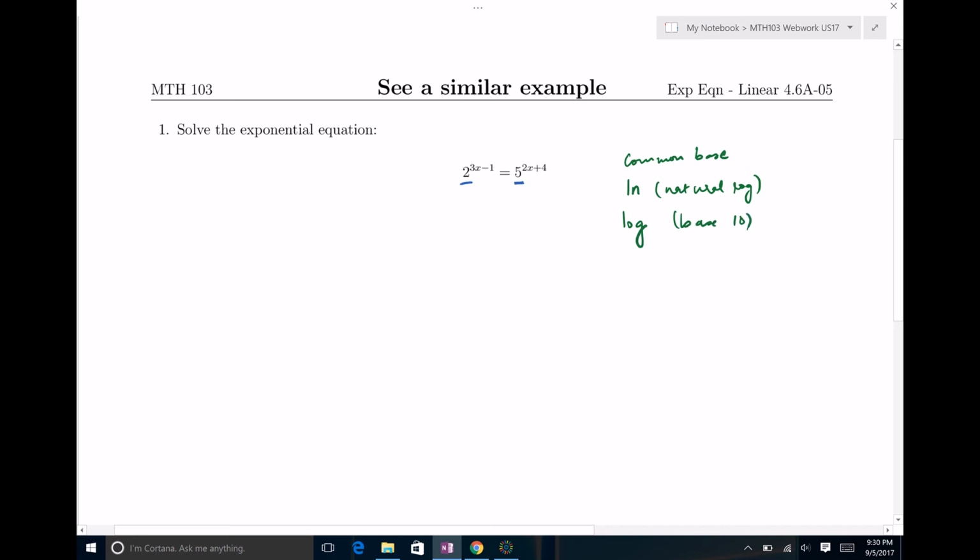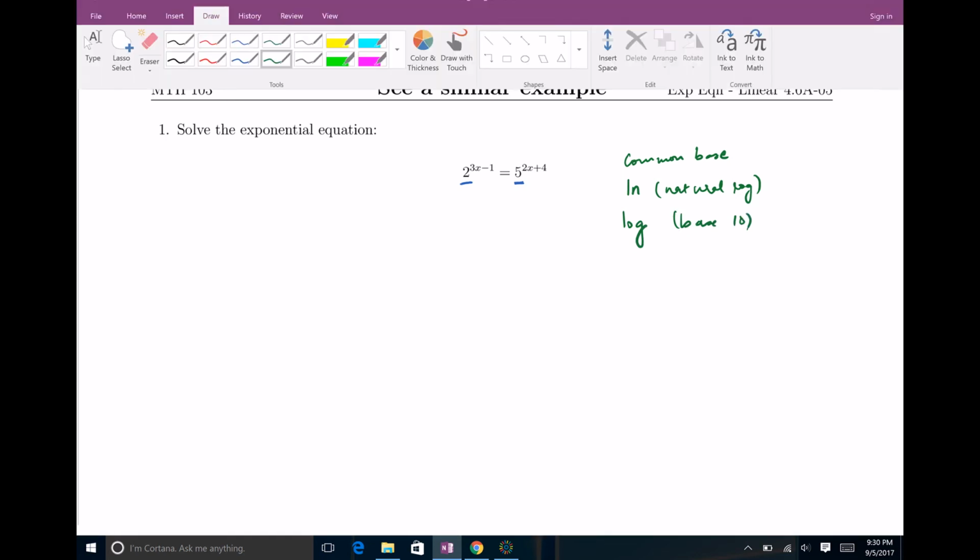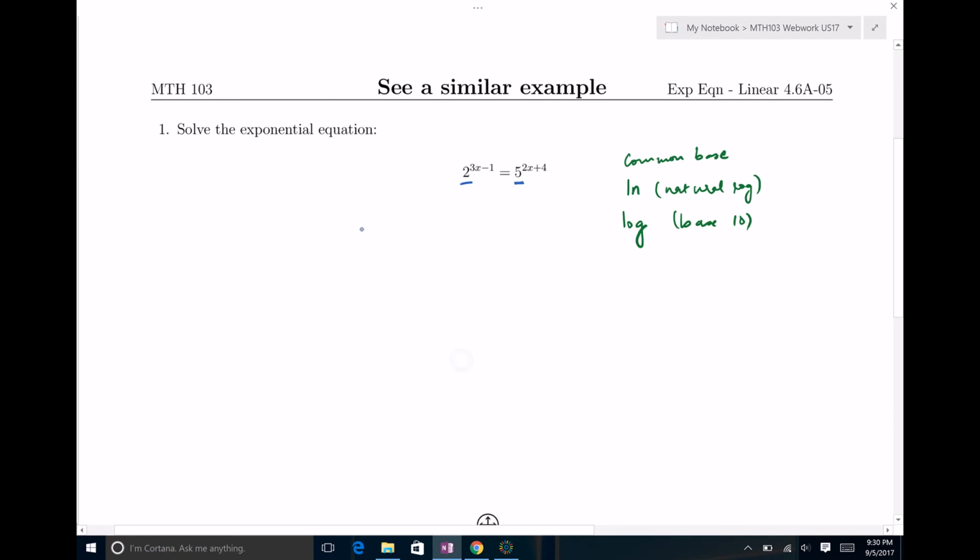So I'm going to take natural log on both sides of this equation, and so I get natural log of 2 to the 3x minus 1 equals natural log of 5 to the 2x plus 4.